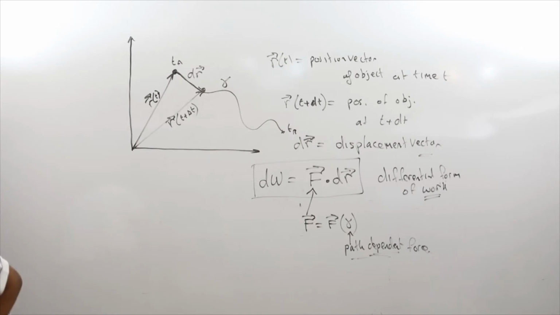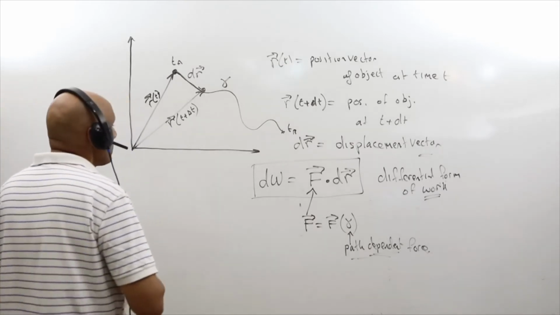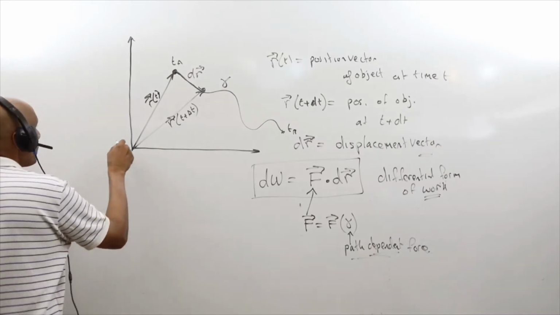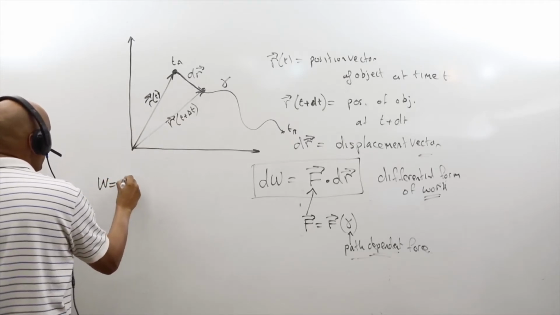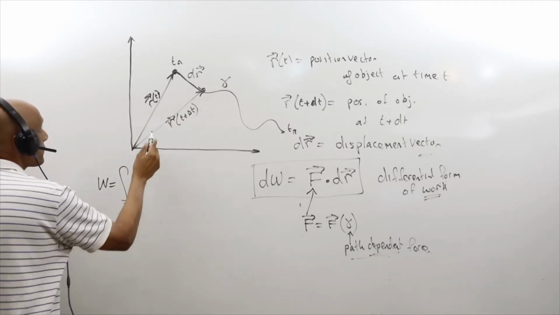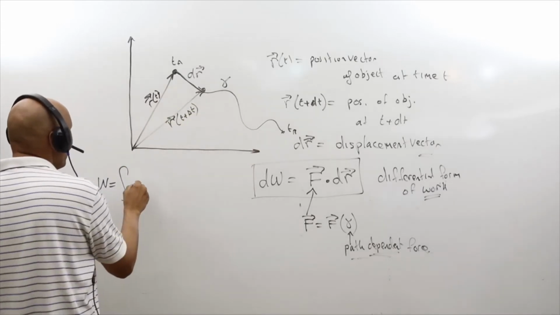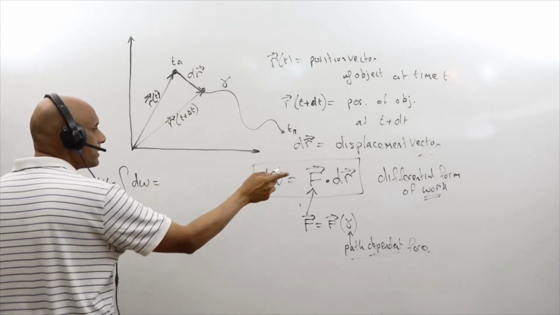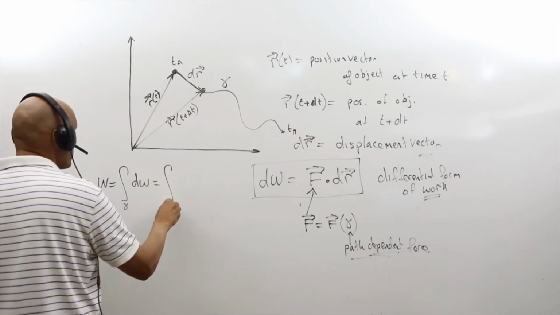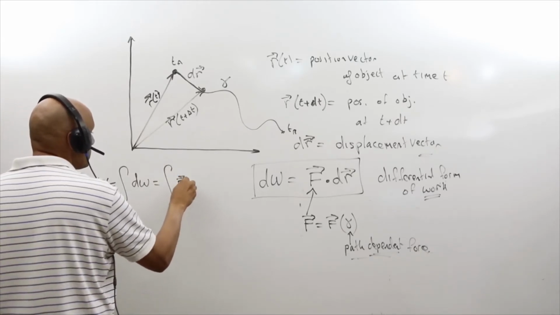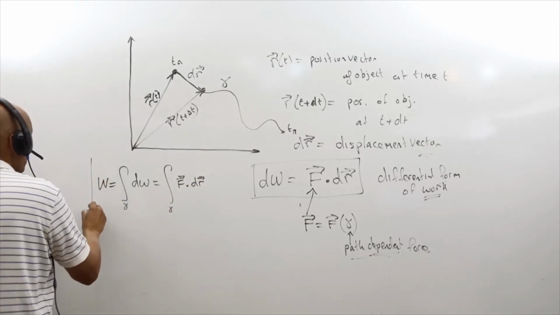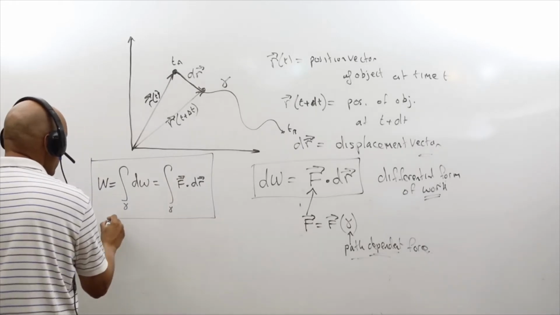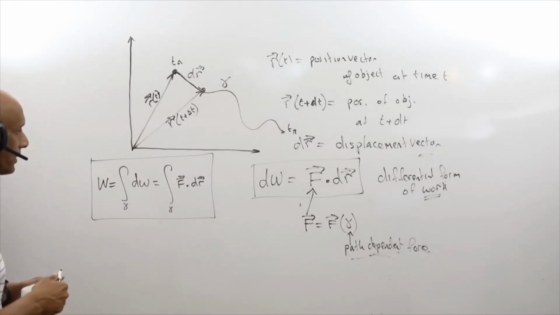So the total work to go from time ta to tb is given by an integral over gamma, from ta to tb, of dW. Using the differential form of work, we can rewrite this as the integral over gamma of F dot dr. This is our standard definition of work that we'll be working with.